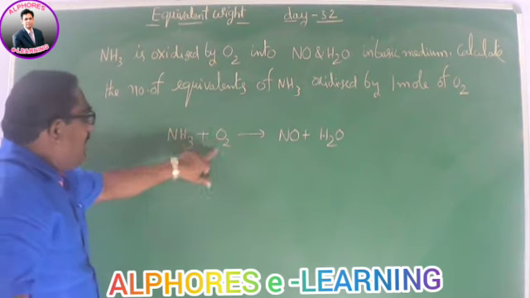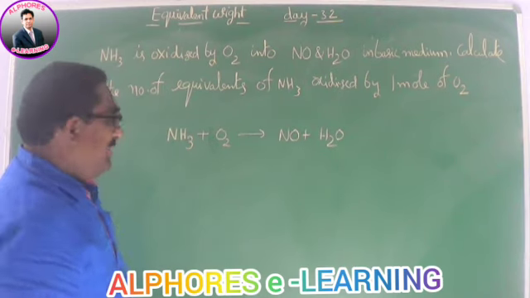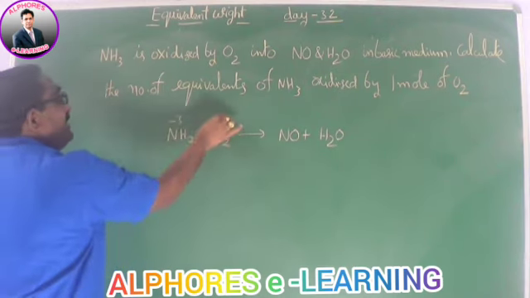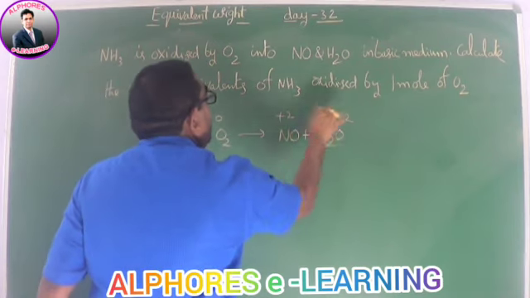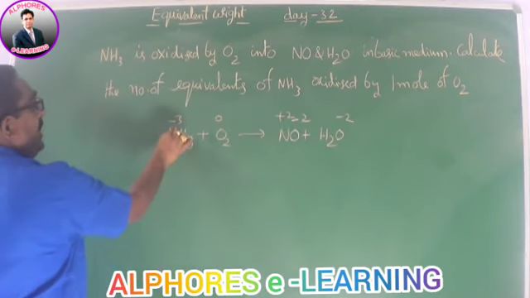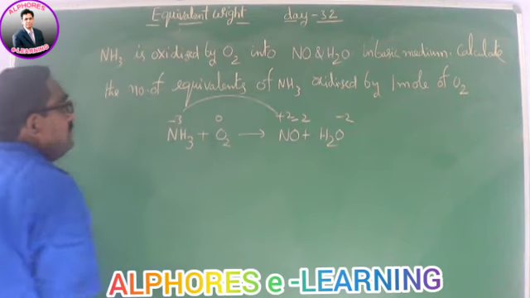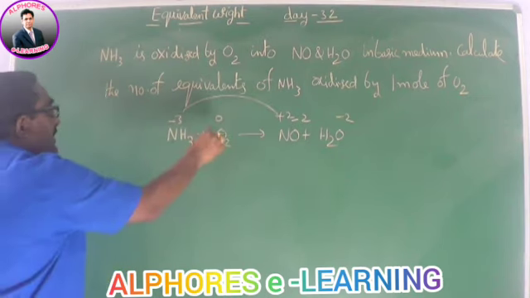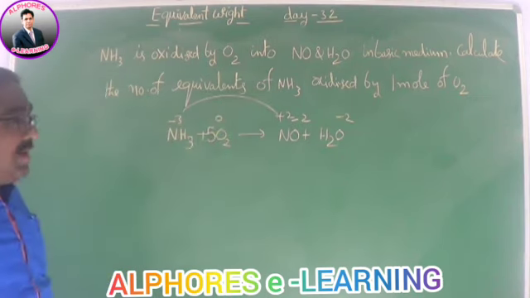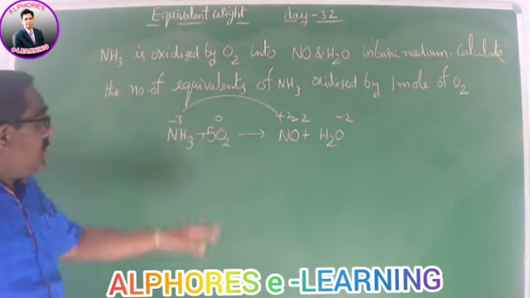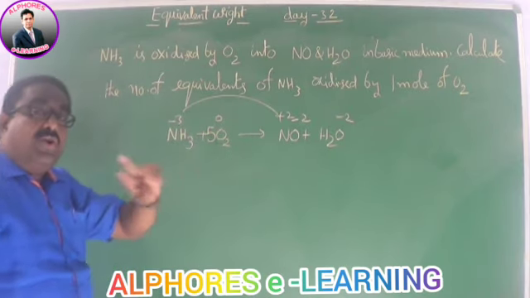Let me remind once again how to balance a redox reaction. -3, 0, +2, -2, -2. Nitrogen -3 to +2, that change is 5, we should write here 5. Oxygen 0 to -2, 2 such oxygens, 2 into 2, 4.